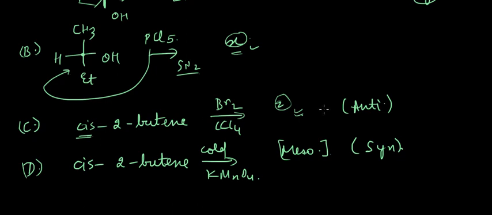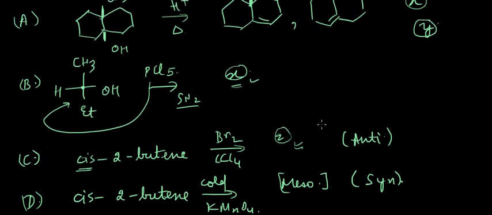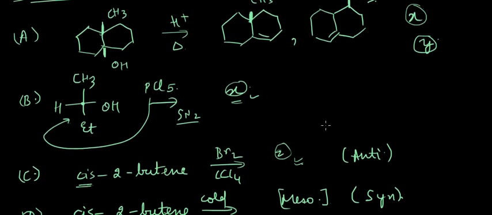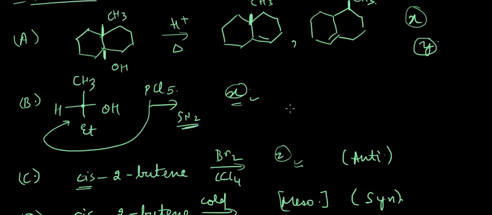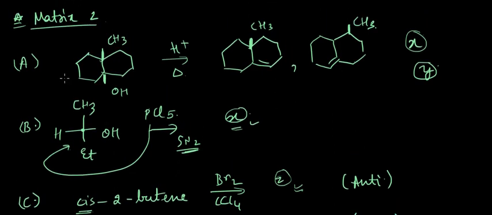Regarding the above compounds, obviously this is an example of nucleophilic substitution reaction, and after that we'll be getting diastereomers or racemic compound.